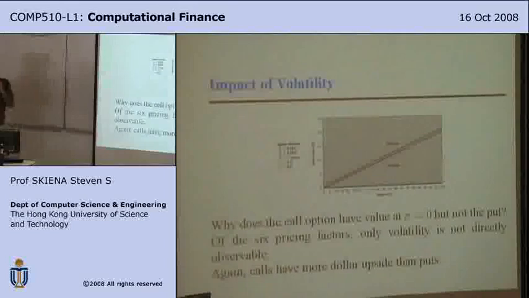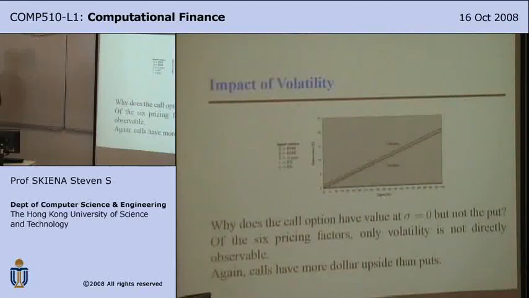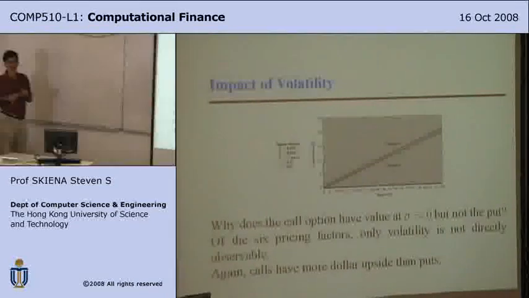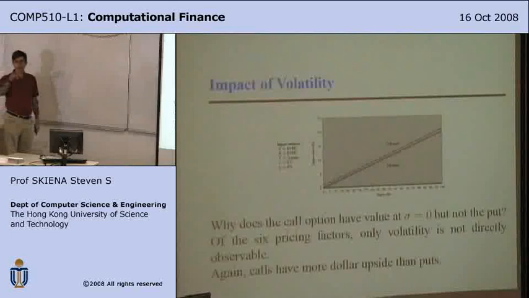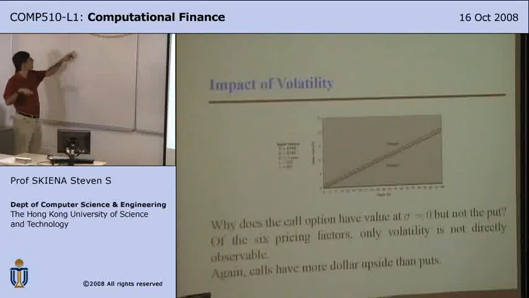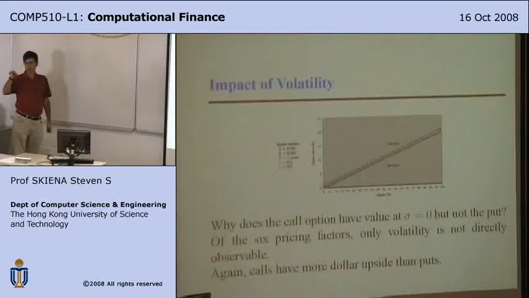Let's think about why that might be, because that's an interesting phenomenon. If there was no volatility, what does that mean about the stock price? What's the stock price going to be 3 months from now? Exactly the same. Does everybody agree with that?